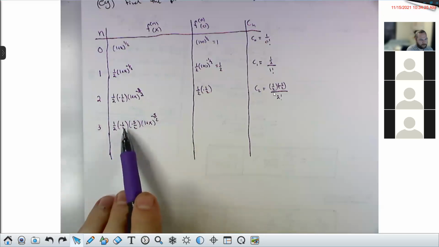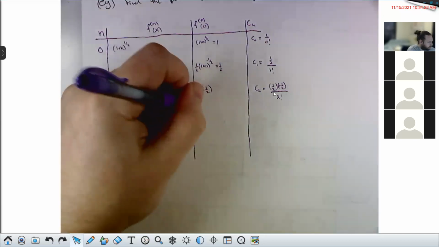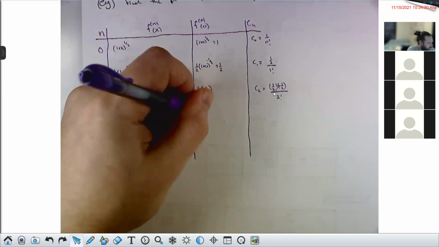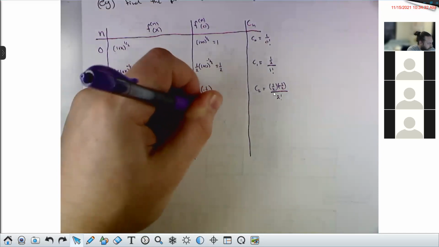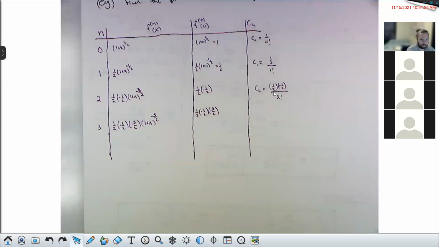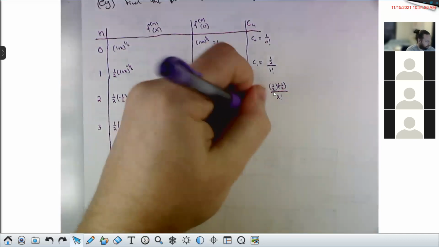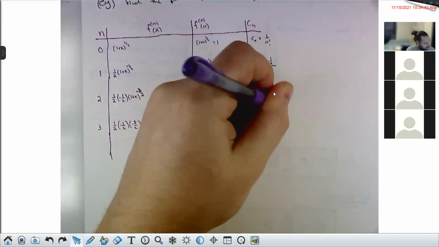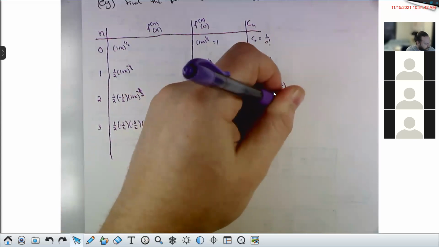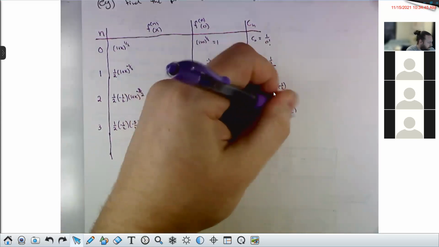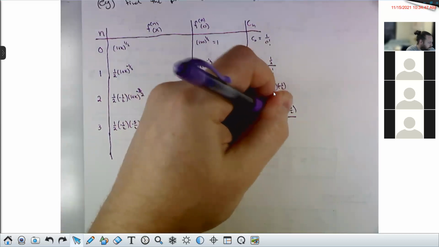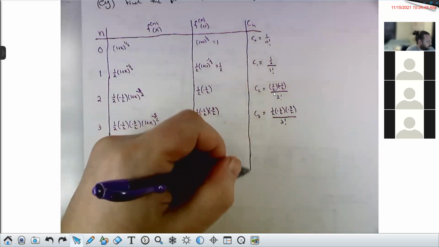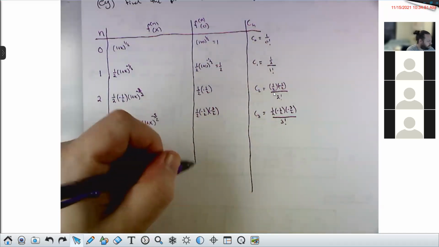So I have 1/2 times negative 1/2 times negative 3/2, which means that C3 is 1/2 times negative 1/2 times negative 3/2 all over 3 factorial. I think we're going to need a few more rows before we start to see the pattern.